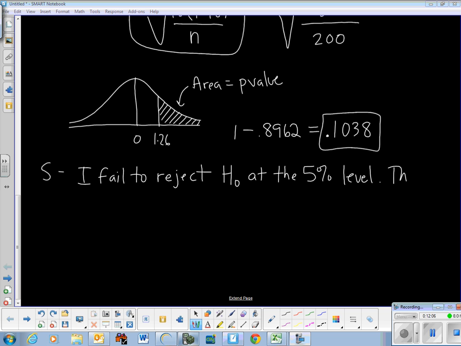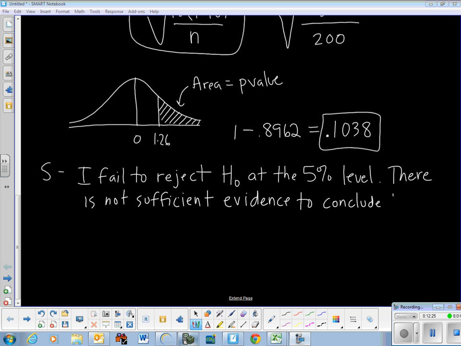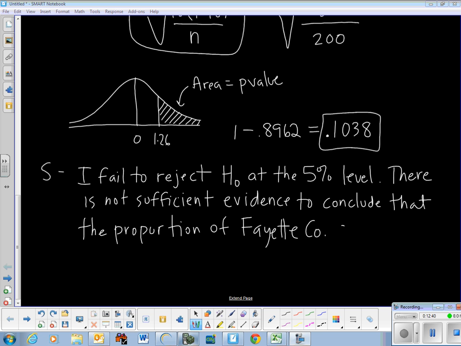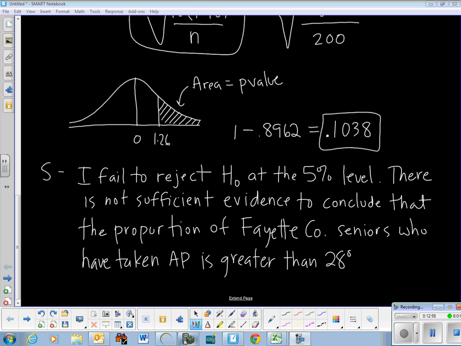There is not sufficient evidence to conclude that the proportion, almost done, a lot of context, the proportion of Fayette County seniors who have taken AP is greater than 28%.